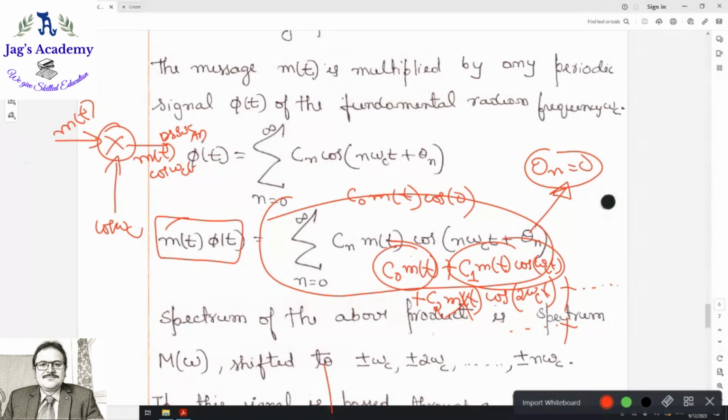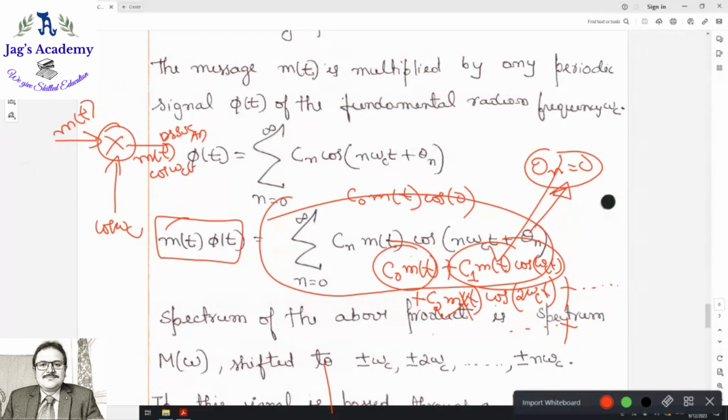In this equation, you have clearly seen that this is the only component required, the passband component. That means once you multiply this, you are actually passing it through a band pass filter.